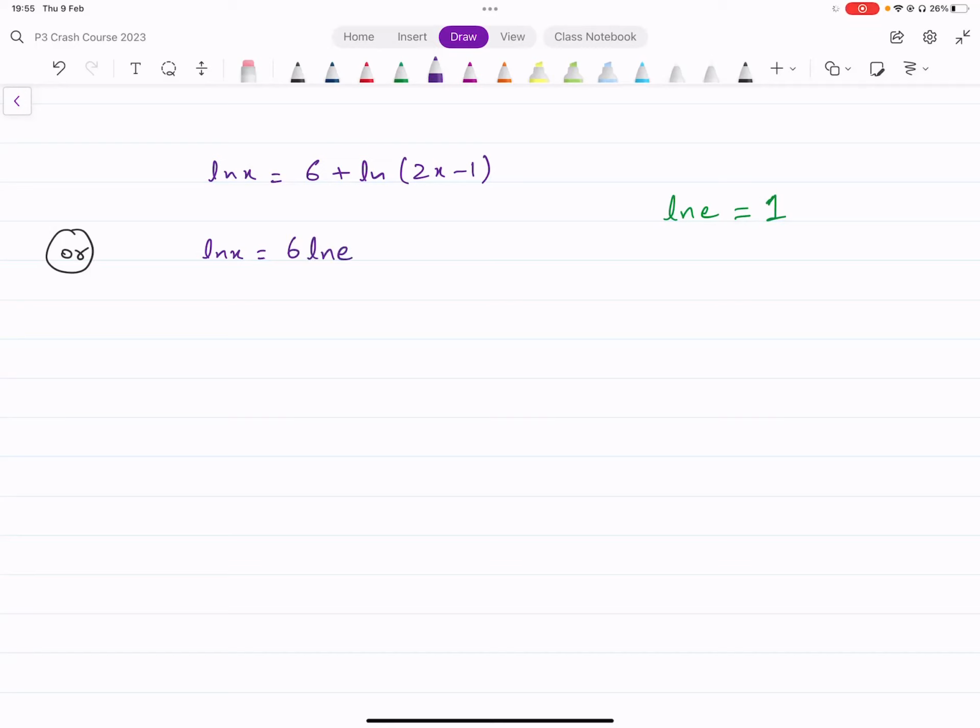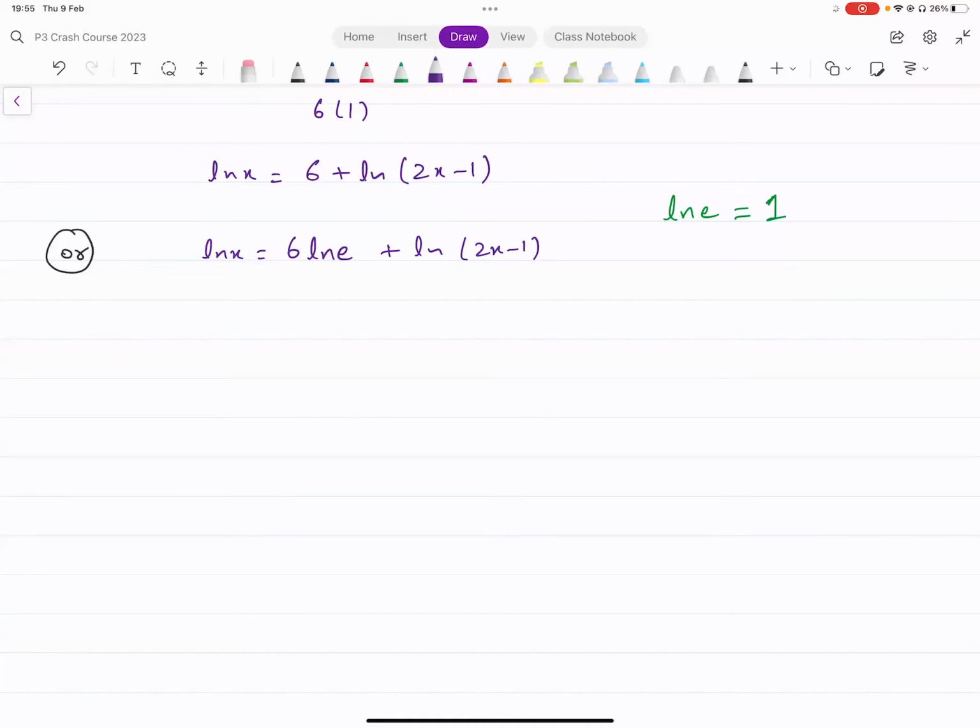Can we do that? It's just like saying 6 multiplied by 1, right? That's still 6. Ln e is 1, right? So if you say 6 times 1, that is still 6. Instead of 1, we are writing ln of e. And we have plus ln of 2x minus 1.